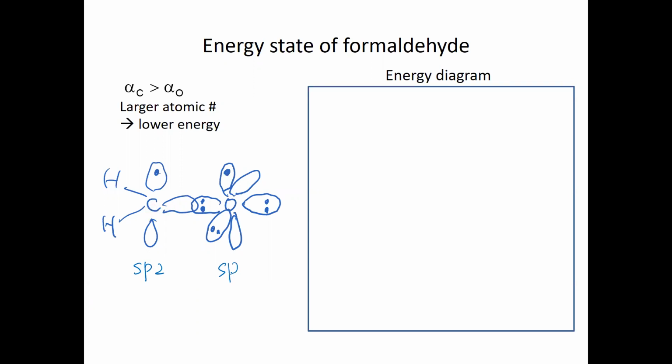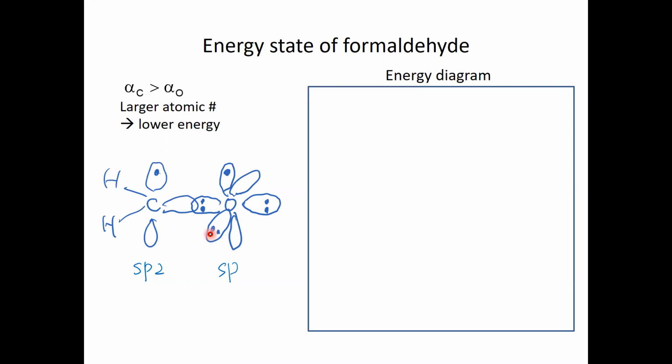I would like to remind you that oxygen can have several different types of orbitals, but for simplicity here, I just assume it has sp orbital. Also, oxygen has non-bonding orbitals in one of the sp orbital, and also the py orbital. So just keep this in mind.